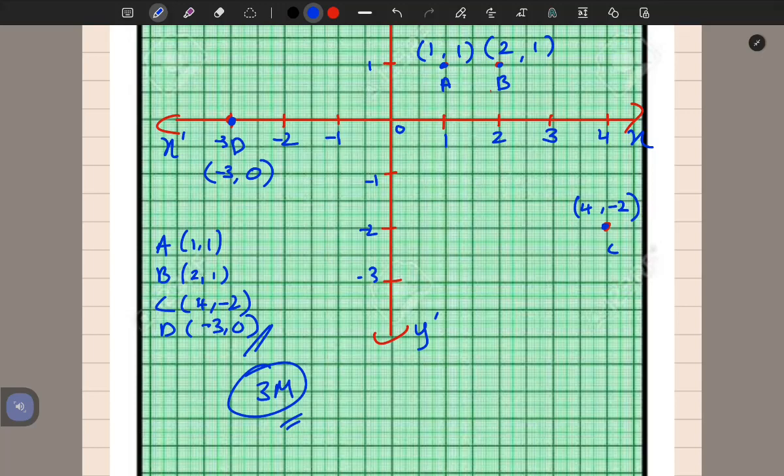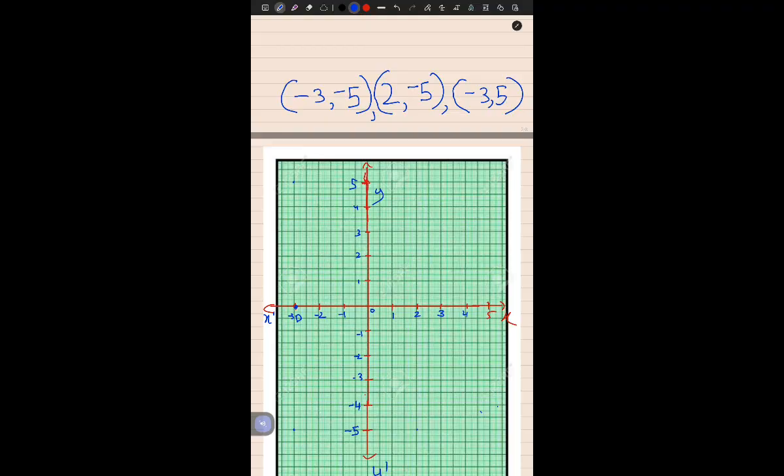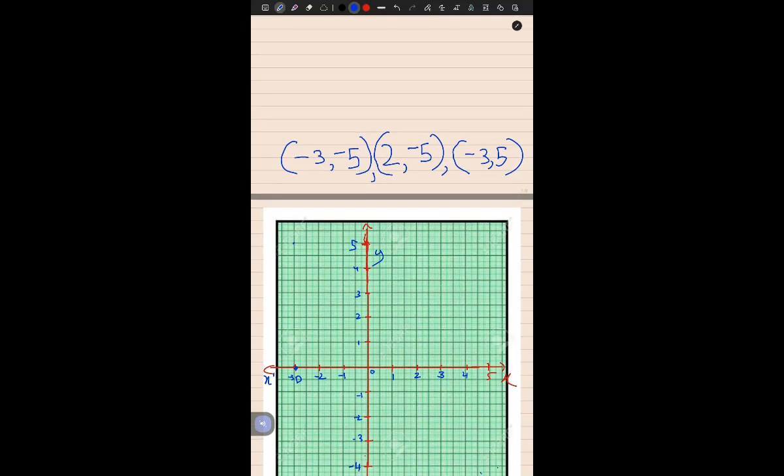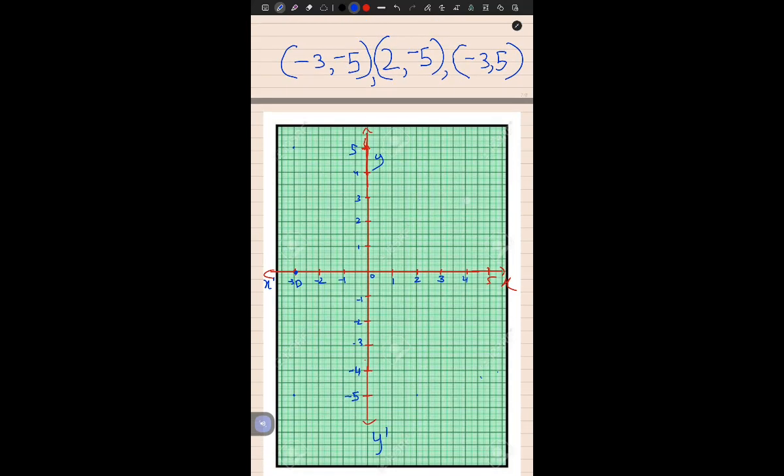In some types of questions, they will give the coordinates and we want to plot them in the graph. Okay? So the question is, we have to plot minus 3 and minus 5, 2 and minus 5, minus 3 and 5. So there is y axis, y dash, x dash, and x. So always we have to remember that this is x, this is y.